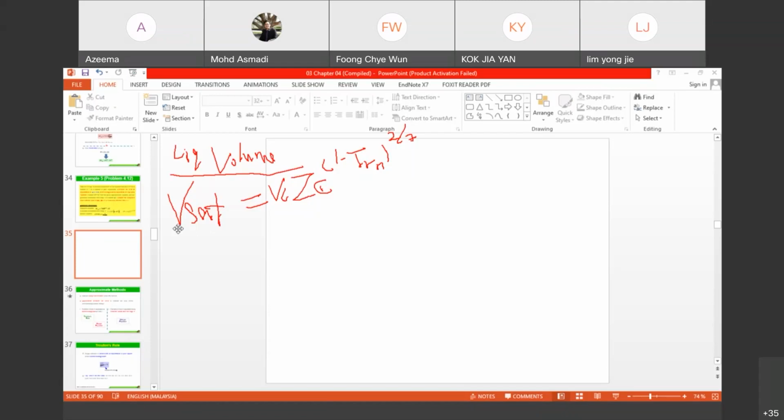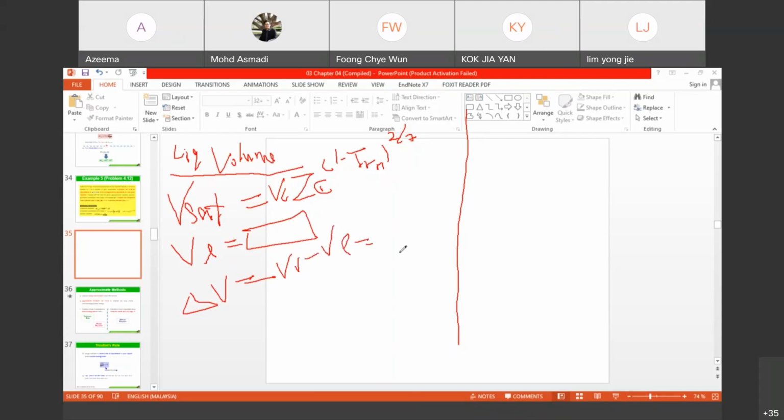You refer back to chapter 3, so you can get the answer, V saturated. This one is for V liquid. Then you can substitute to determine delta V. To determine delta V, what you have to do is V vapor minus V liquid.